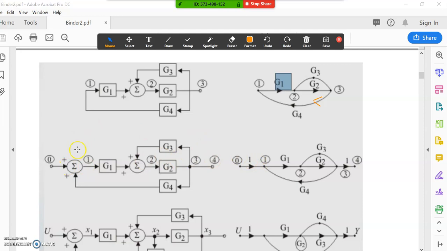Whereas here, from node 1 to 2, again we see there is a signal flowing and it is getting multiplied by G1. So we draw a line from 1 to 2 with the arrow in this direction.